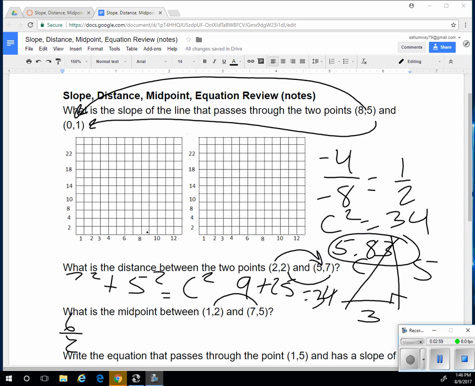So 6 spaces in between the two, we only want to go halfway. So divide by 2, and that tells us we need to move 3.